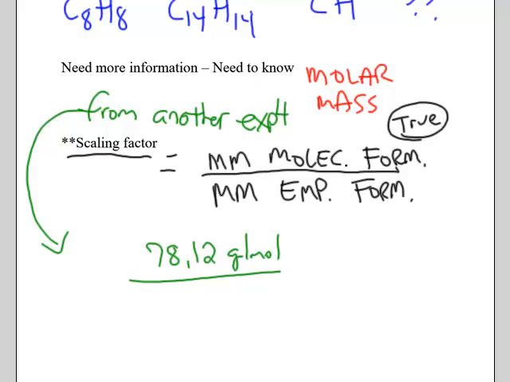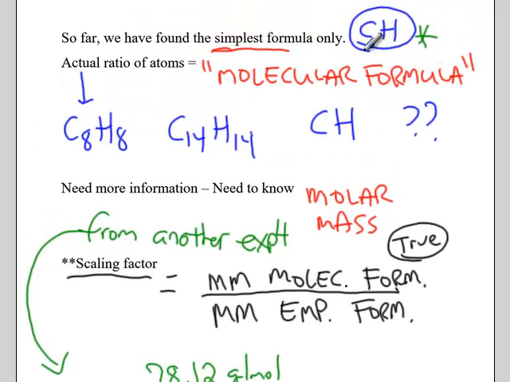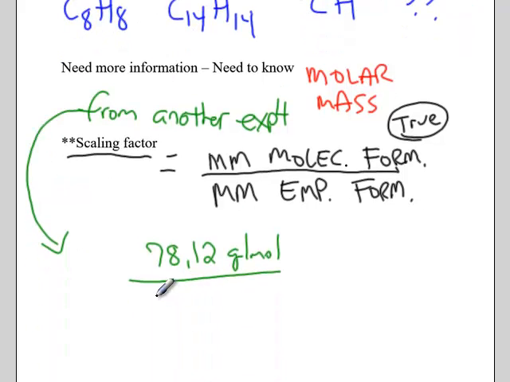So I'm going to plug that into the numerator of this scaling factor, and I'm going to divide that by the molar mass of the simplest formula. Well, 1 carbon and 1 hydrogen, add those up on the periodic table, gives me a molar mass of 13.02 grams per mole.